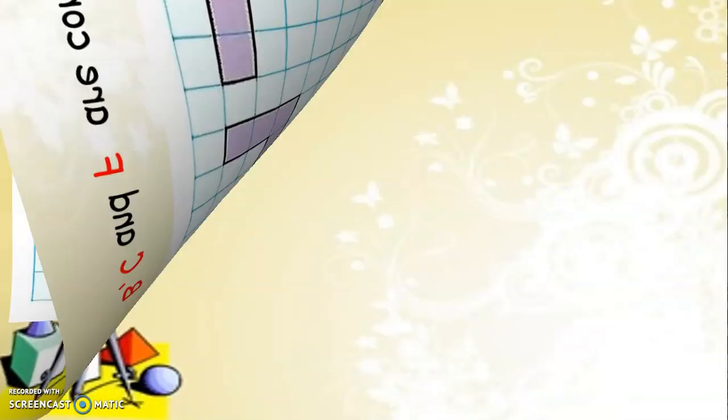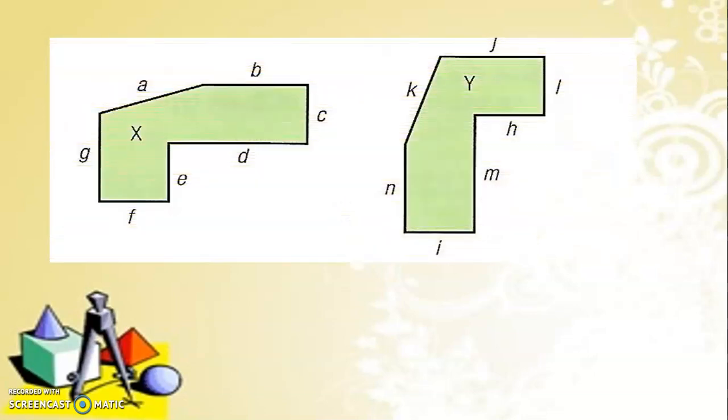Let us have another figure. Shape X is congruent to shape Y. But we need to find out which side is congruent to each other.